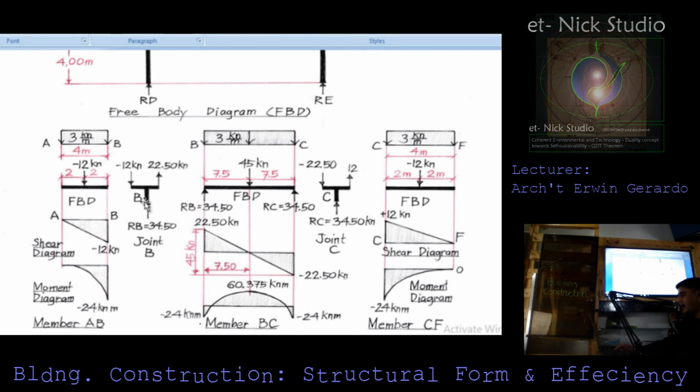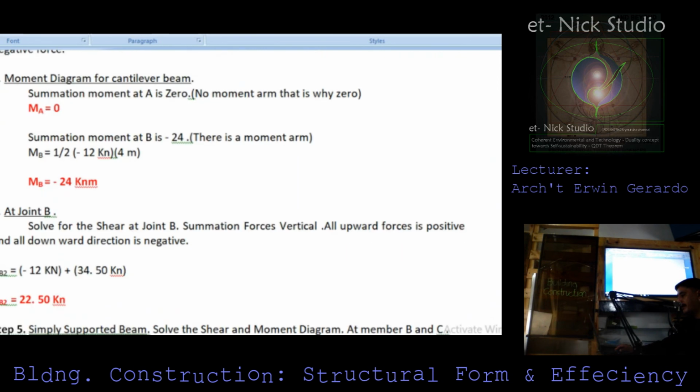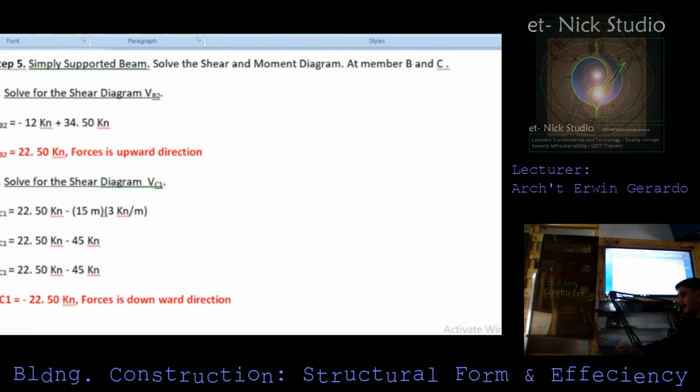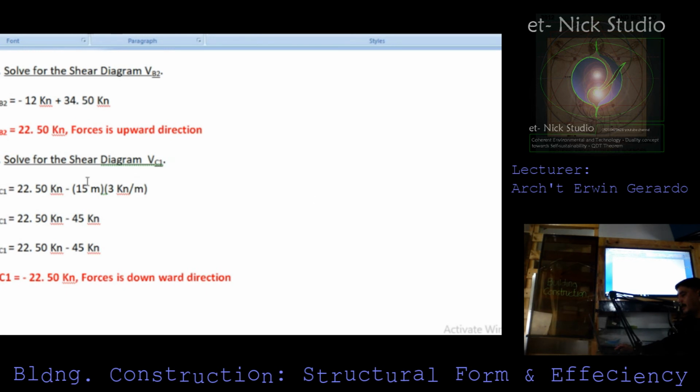So this is it, the 22.5 direction. So now let us compare the other side. So for VC1, we have 22.5 minus 15 times 3.